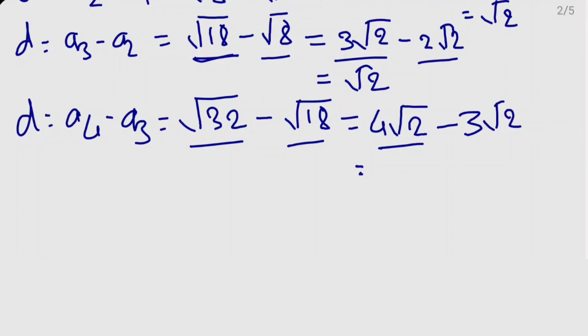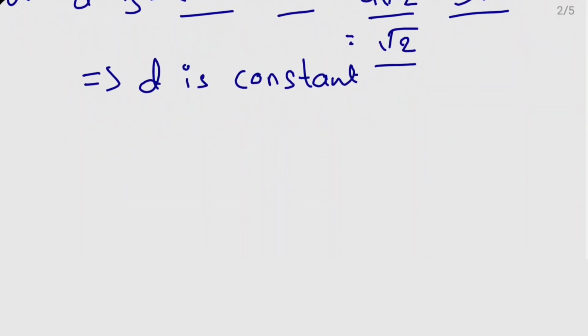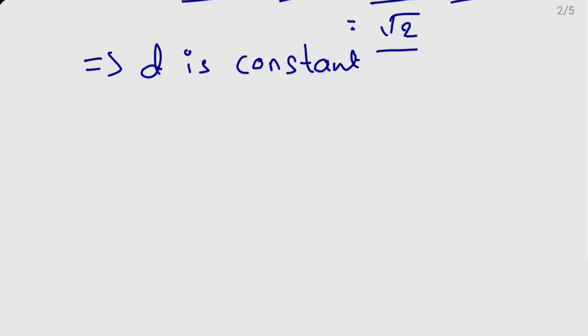So 4 root 2 minus 3 root 2 is root 2. Look here, d is equal every time. It means d is a constant. Therefore the given numbers are in AP.